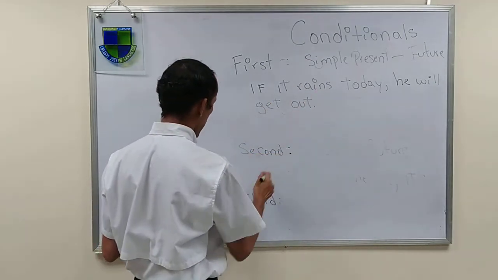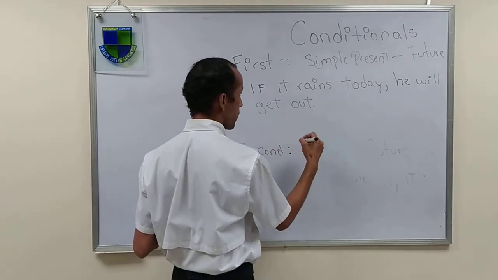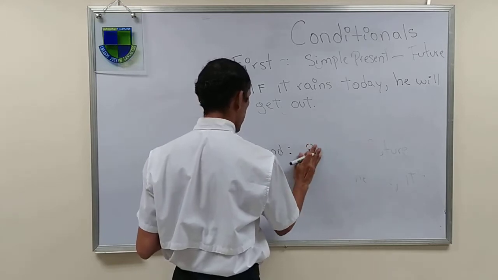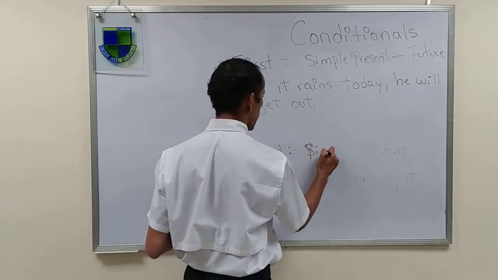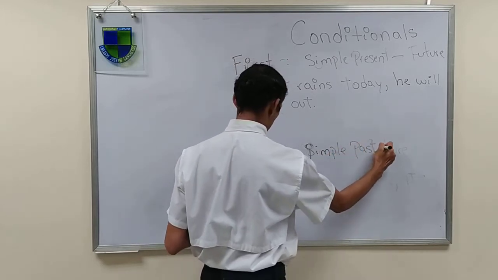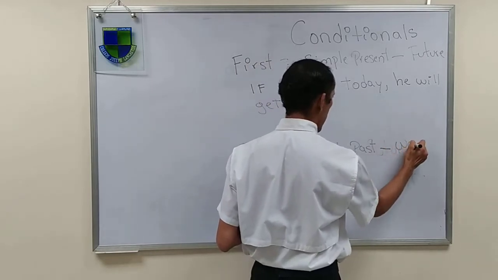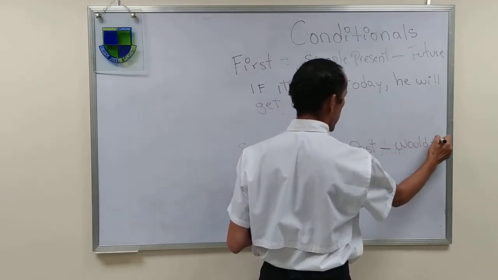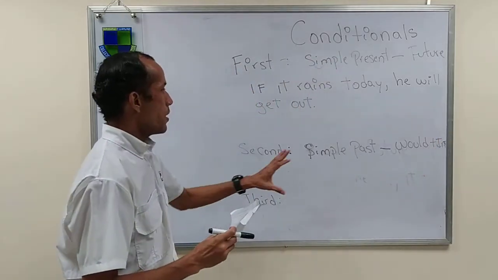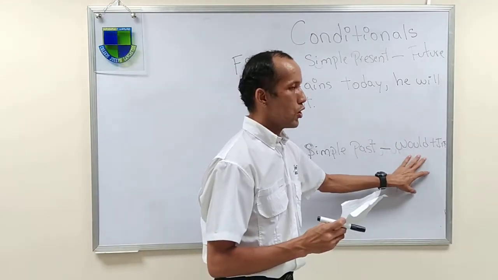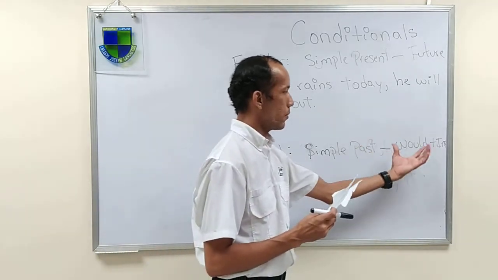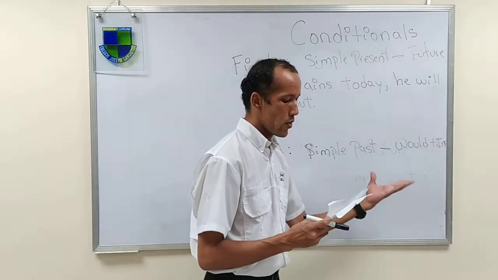Second conditional is followed by the next grammar: simple past and the modal would plus the information. So we have simple past and the word would. You know what would is in Spanish? It is a conditional. This word expresses a conditional.